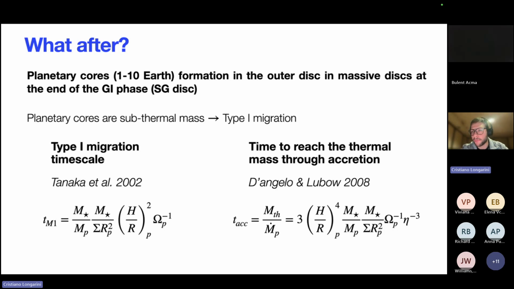So the idea we had with a master student in Cambridge was to perform very simple hydrodynamical simulations where we wanted to compare these two time scales and to understand whether it's possible for a planetary core to reach the thermal mass and stop type 1 migration.